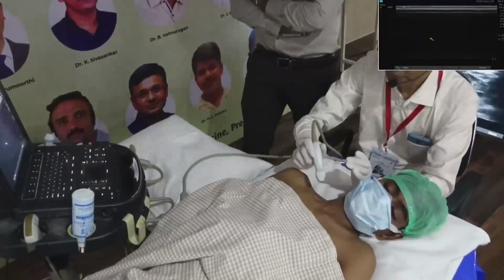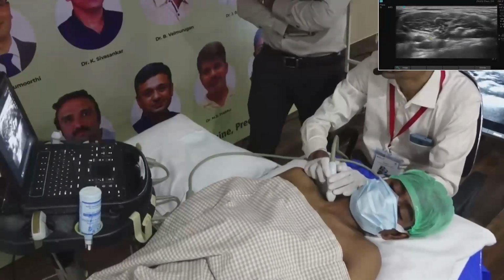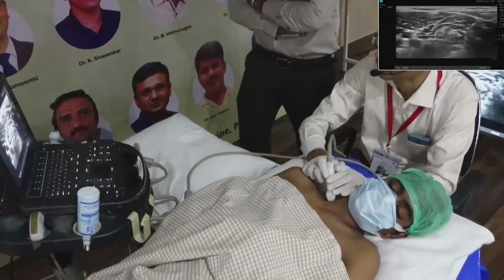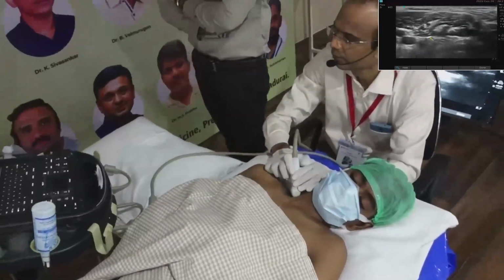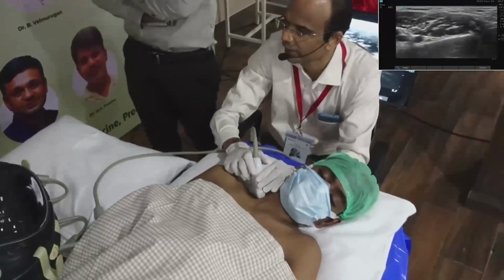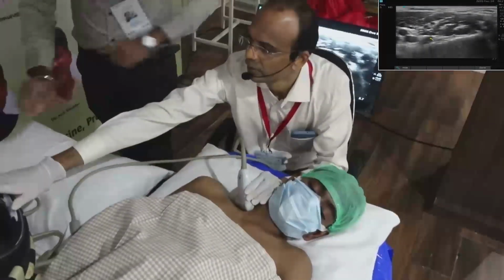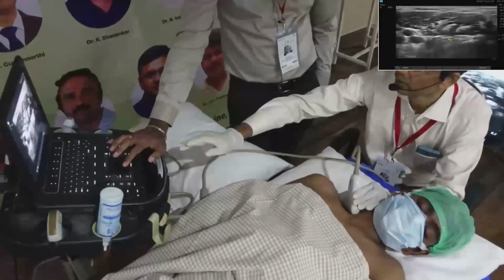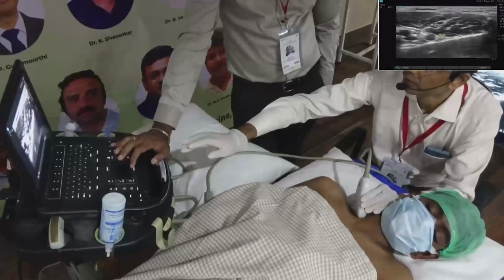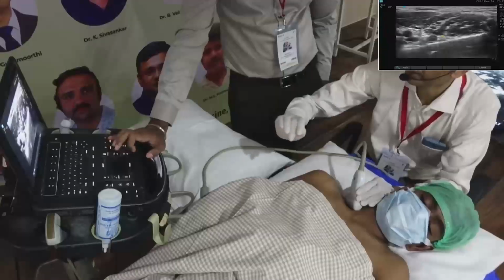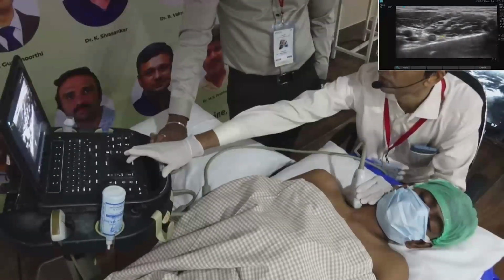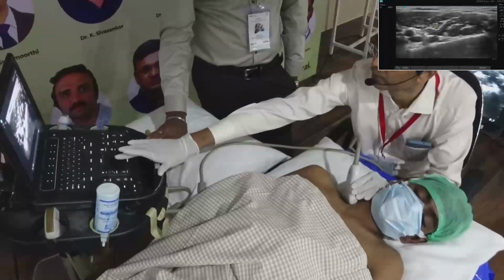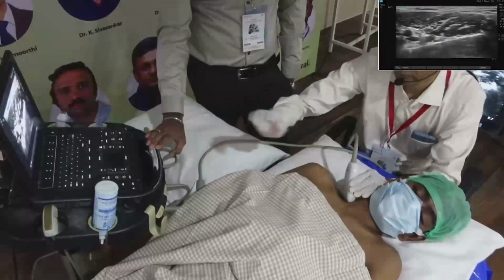If you want to give a selective trunk block, you have to identify the formation of the upper trunk, middle trunk, and finally the lower trunk here. By scanning at this level, we can identify both. We can give upper trunk, middle trunk, and lower trunk.